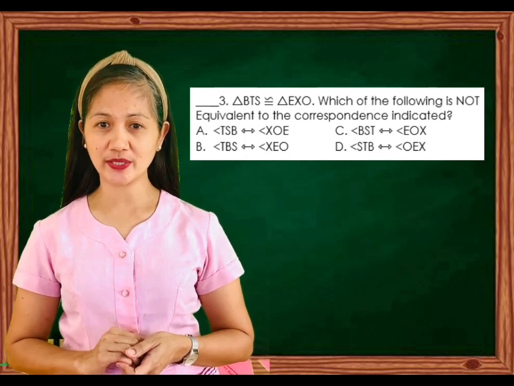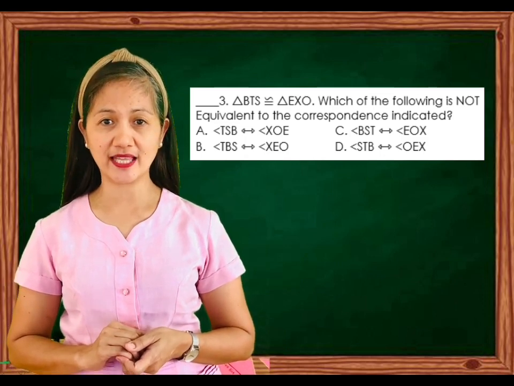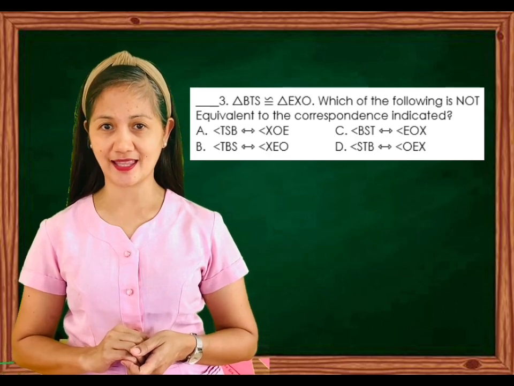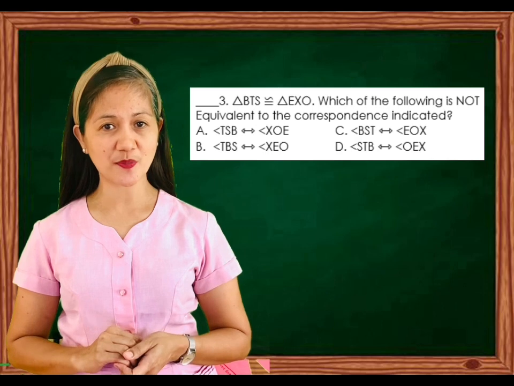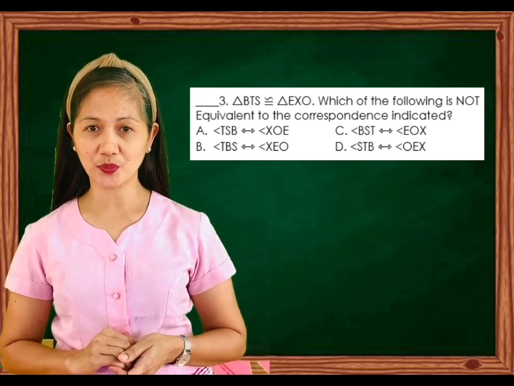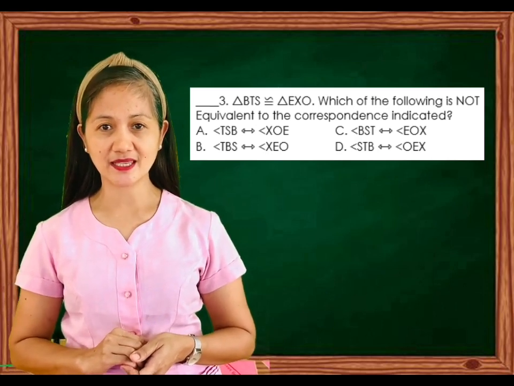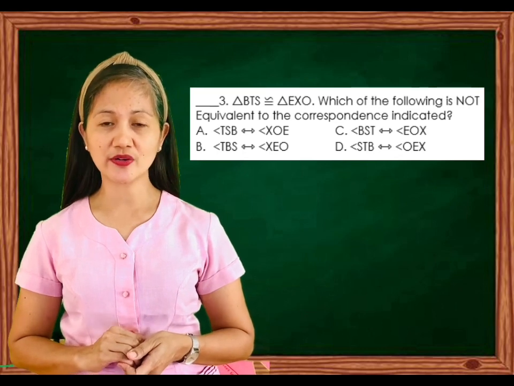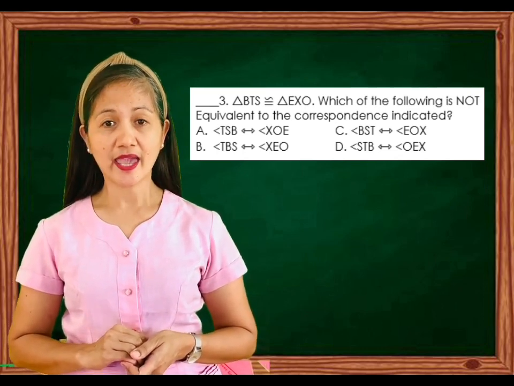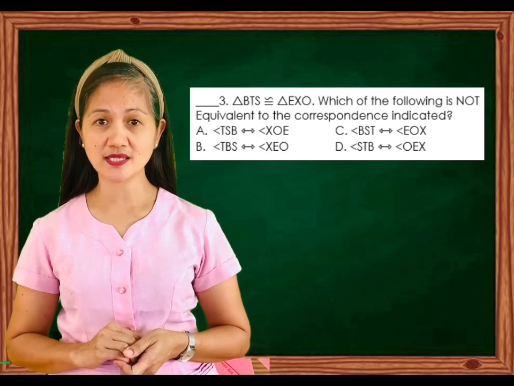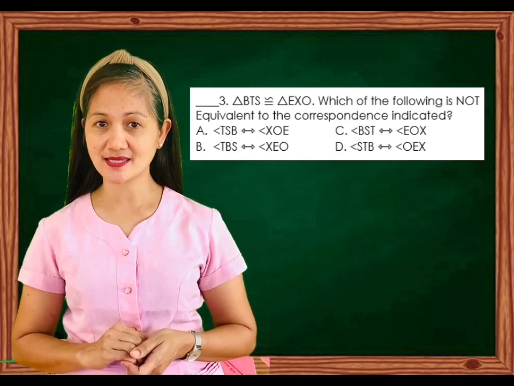3. Triangle DTS is congruent to triangle EXO. Which of the following is not equivalent to the correspondence indicated? A. Angle TSB corresponds to angle XOE. B. Angle TBS corresponds to angle XEO. C. Angle BST corresponds to angle EOX.